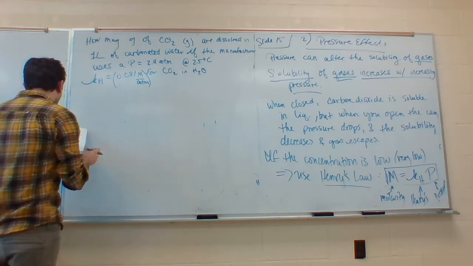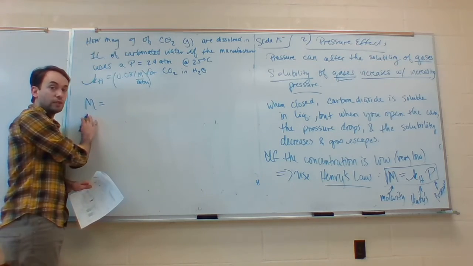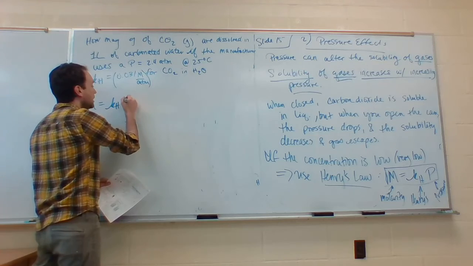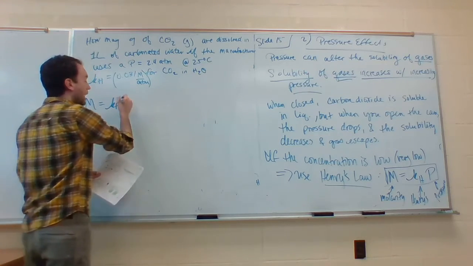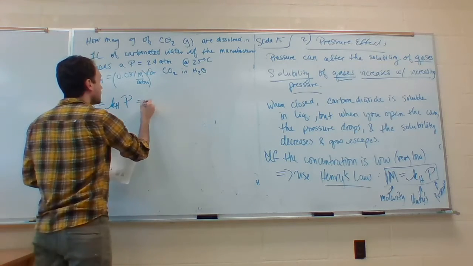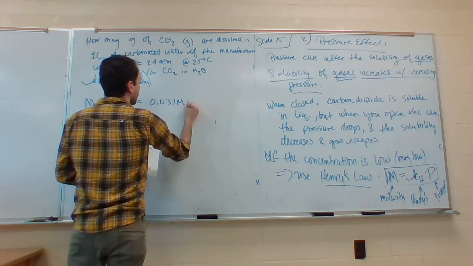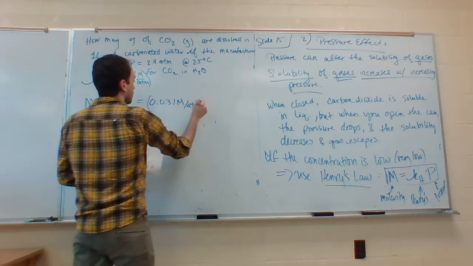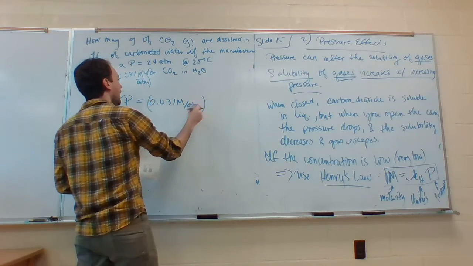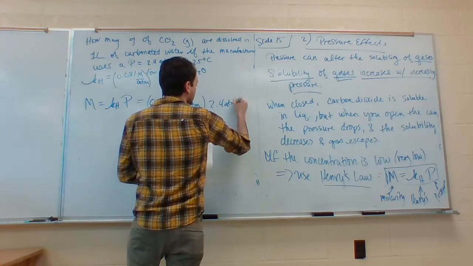All right, now, in order to do this, we're going to use our Henry's law equation. We know that Henry's law is the concentration in molarity is equal to the Henry's law constant times our pressure. We know our pressure and our Henry's law constant, so we have 0.031 molar per atmosphere, and that gets multiplied by 2.4 atmospheres.